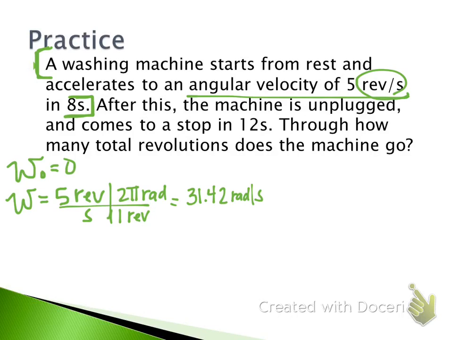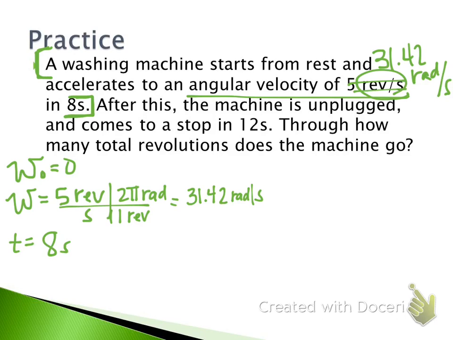Instead of using the 5 revolutions per second, we're going to use 31.42 radians per second. That's really important. The time for this section of our problem is 8 seconds.